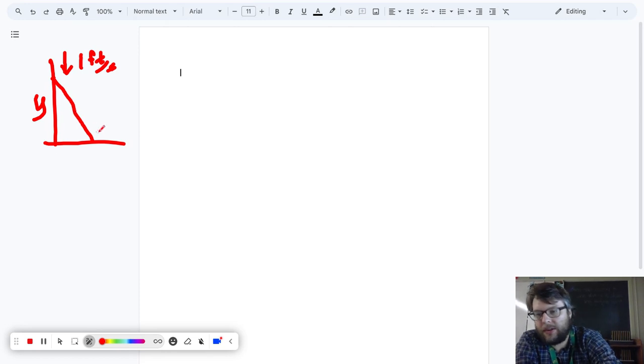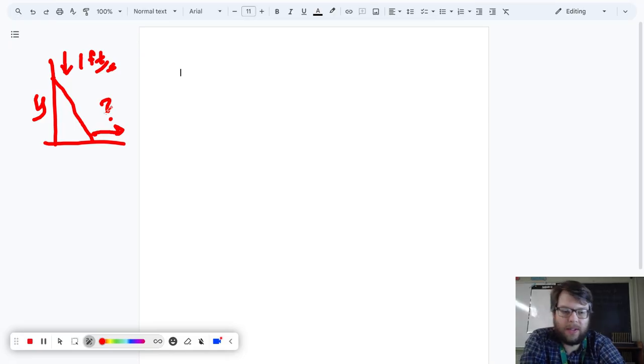If the top of the ladder is going down, then the foot of the ladder is moving outward at some related speed. That's why it's called related rates. And so the question is, what is the change in x, the foot of the ladder's distance from the wall, in relation to the change in the top of the ladder moving up and down?